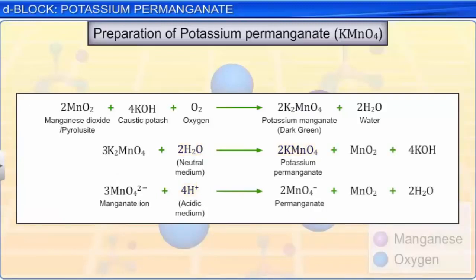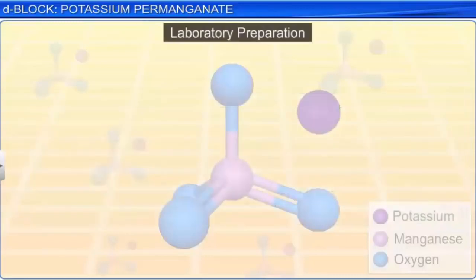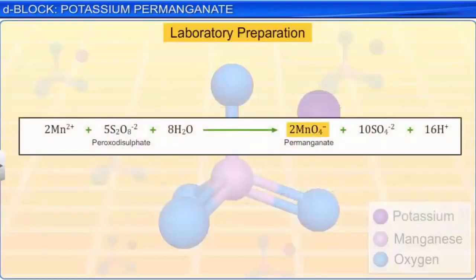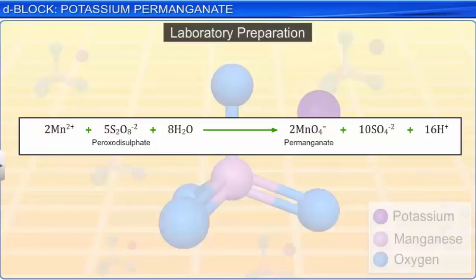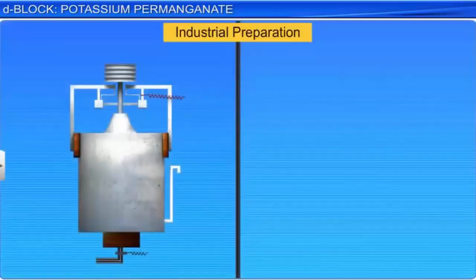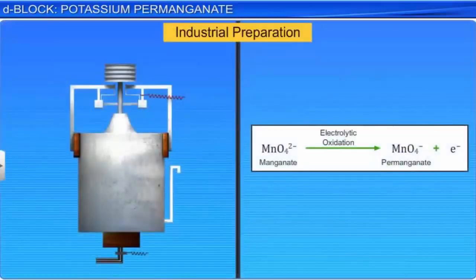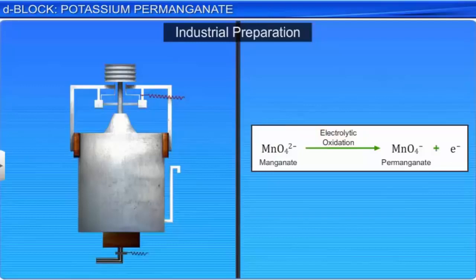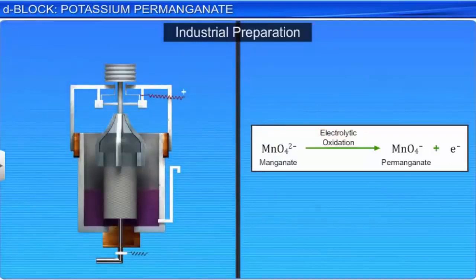In the laboratory, potassium permanganate is prepared by the oxidation of a manganese 2 salt by peroxodisulfate. Industrially, it is prepared by the electrolytic oxidation of a manganate solution. In this method, the manganate solution is placed in an electrolytic cell provided with a rotating wire netting anode.